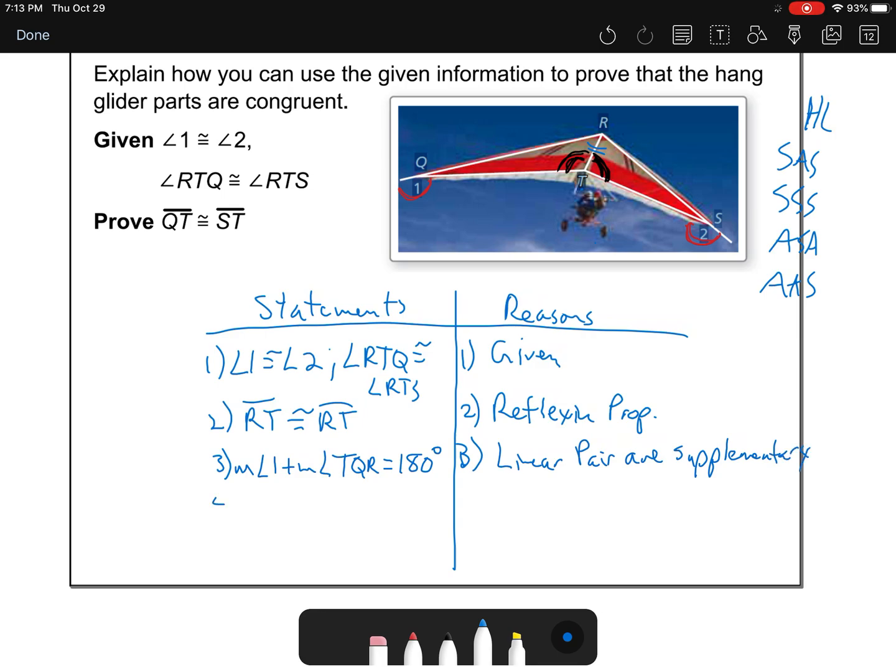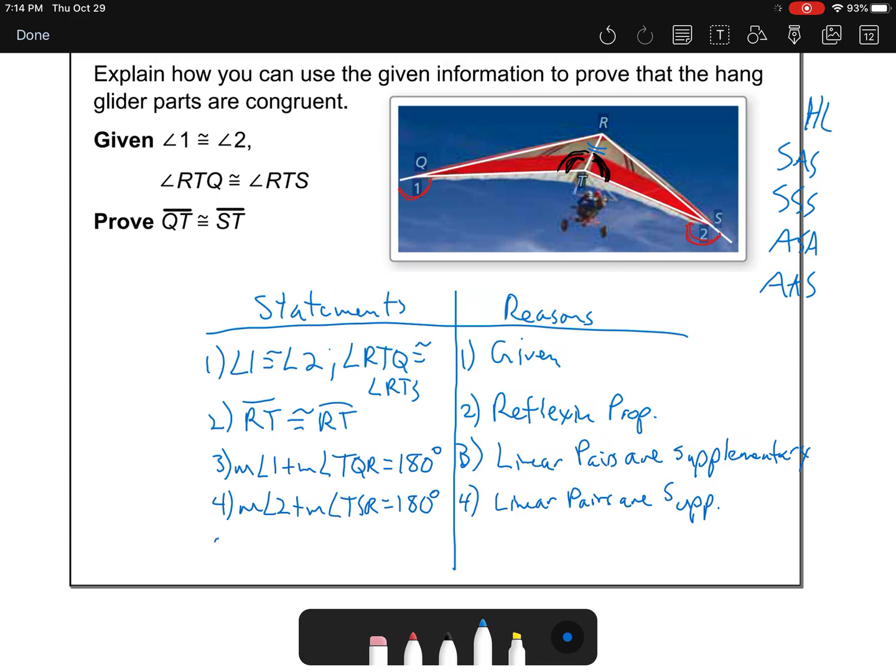Okay. Well, what about angle 2 then? Isn't angle 2 plus the measure of angle, let's see, we did TQR. Well, what about TSR? Wouldn't that also equal 180? Again, linear pairs are supplementary.